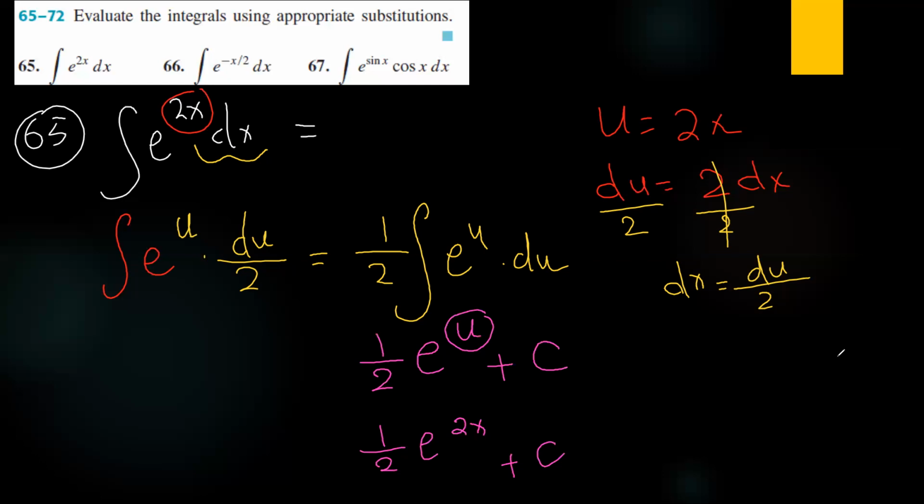Right. Now, let's solve number 66. In number 66, we have to find the integration of e to the power negative x over 2 dx. The first step, as we said before, let's say that this is u.